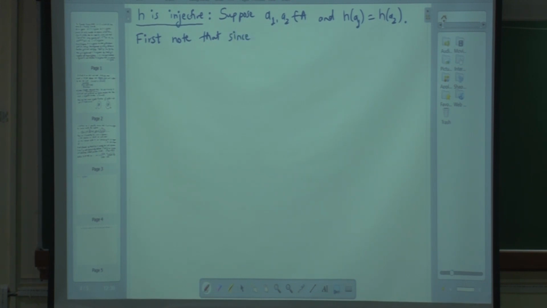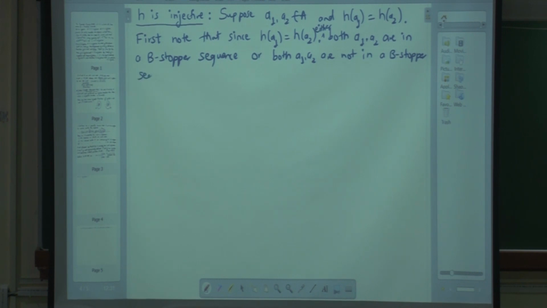Since h of a1 is equal to h of a2, either both a1 and a2 are in a B stopper sequence, or both a1 and a2 are not in a B stopper sequence.